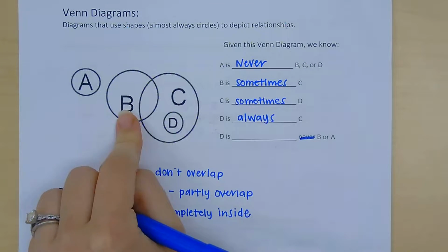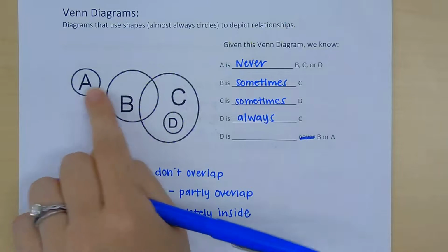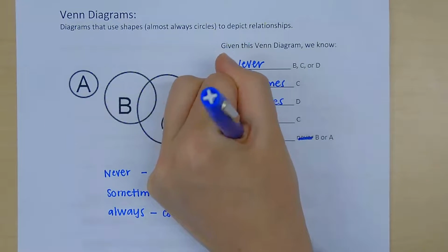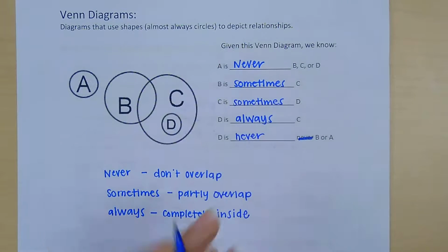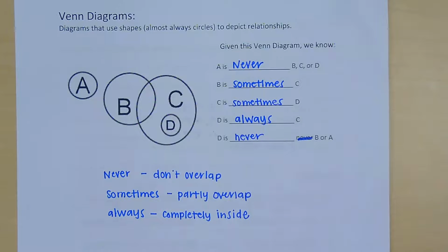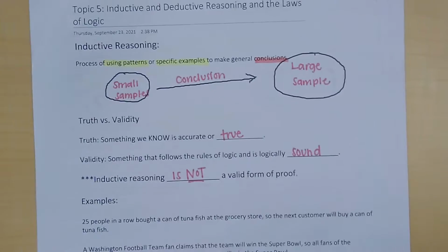Well, D doesn't touch B or A. They don't overlap at all. So D is never B or A. So that is it for these topics. Thank you for watching.